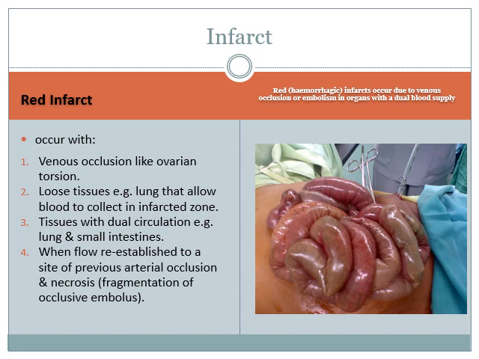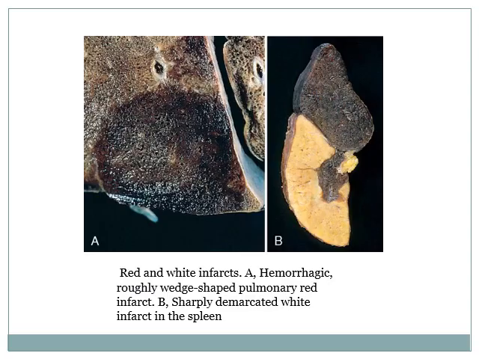Also in case of loose tissues مثل اللنج that allow blood to collect in the infarcted zone, tissue with dual circulation أمثلتها lung and small intestine والreflow. هنا هذه البيكتشر نلاحظ الفرق بين الريد infarct اللي هي on the left side this is a lung with a wedge-shaped hemorrhagic infarct, while on the right side هنا عندنا السبلين وال well demarcated white infarction.